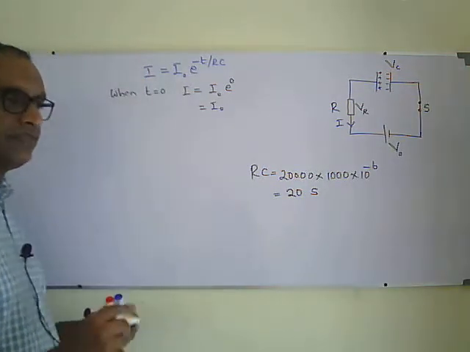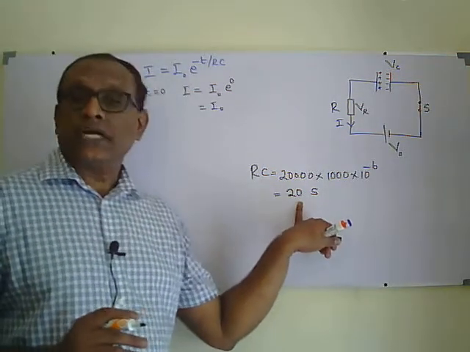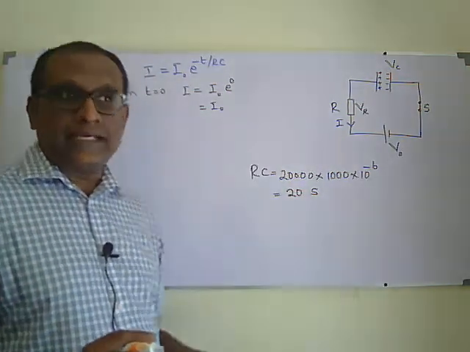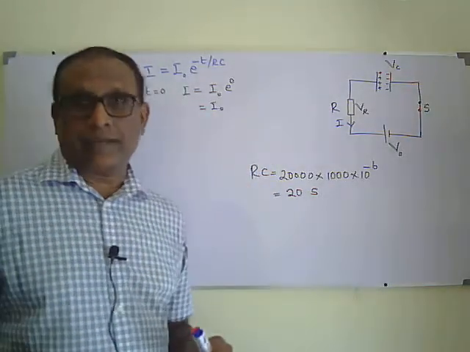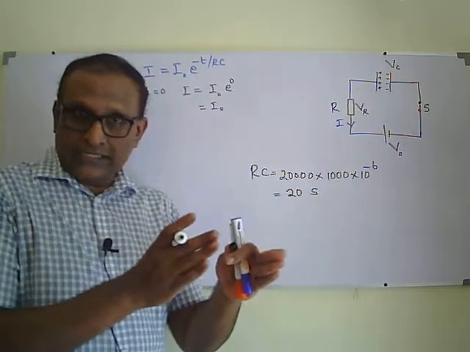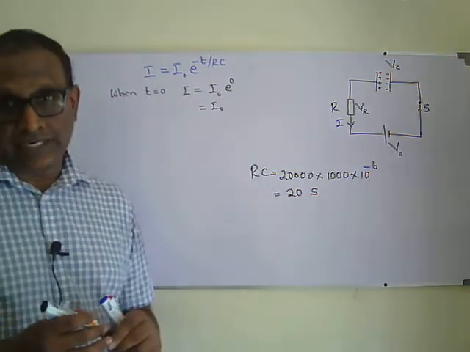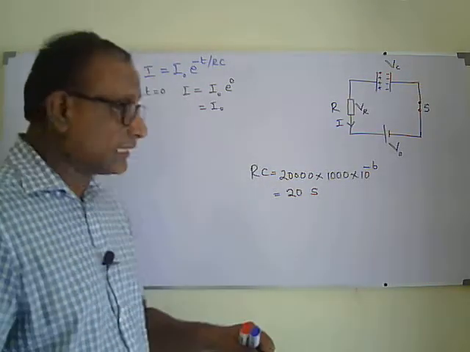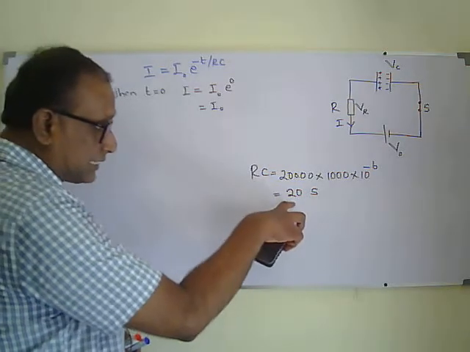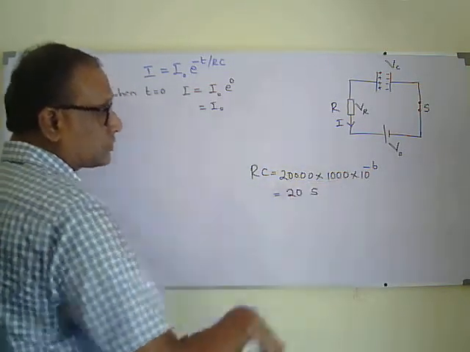So RC has a value related to time, 20 seconds. Imagine every 20 seconds of the charging process, how is the current going to vary? That's what I'm going to analyze now.